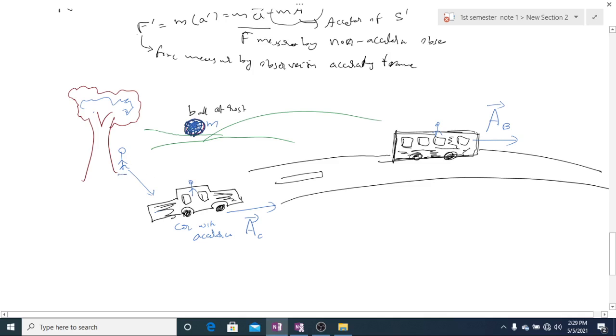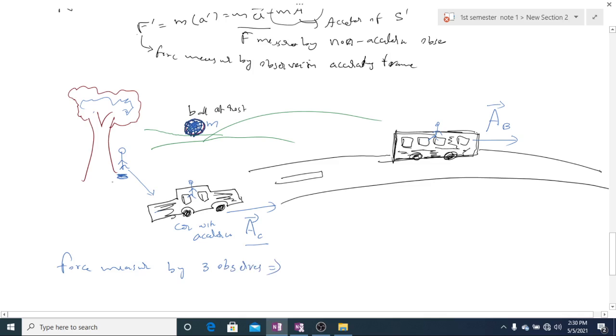Therefore this person is non-accelerating, this person is in an accelerating frame with an acceleration AC, and the person in the bus is under an acceleration AB, or the person in the bus is inside an accelerating frame, or non-inertial frame. Now we can calculate the force measured by the three observers.